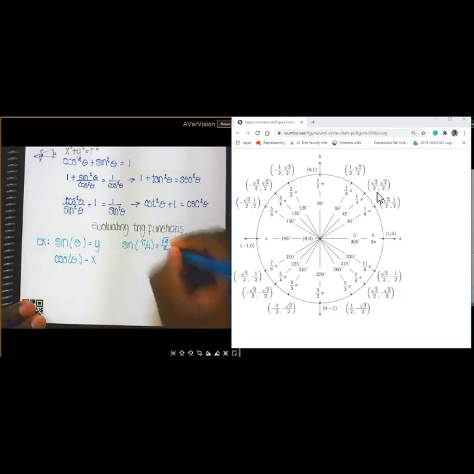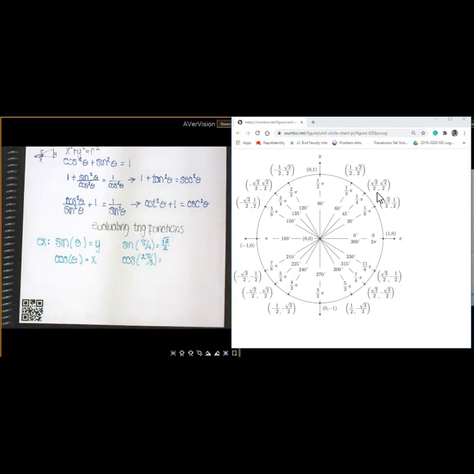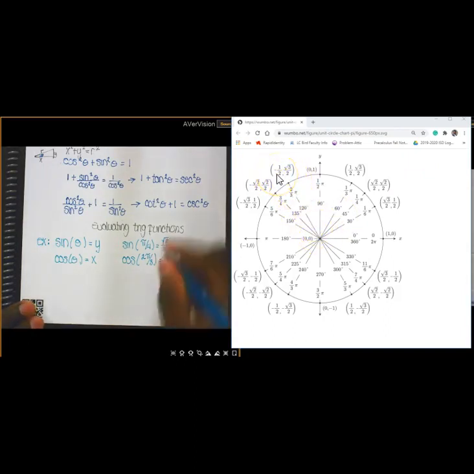Did you guys do this? What if I asked you to find cosine of 2 pi over 3? So 2 pi over 3 is over here. Cosine is the x value, so yeah, negative 1/2.